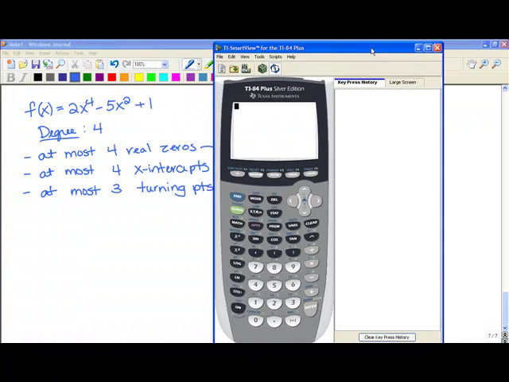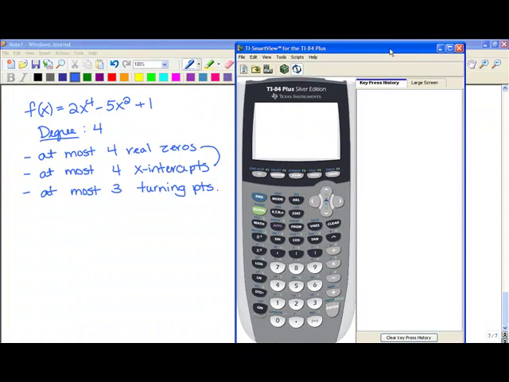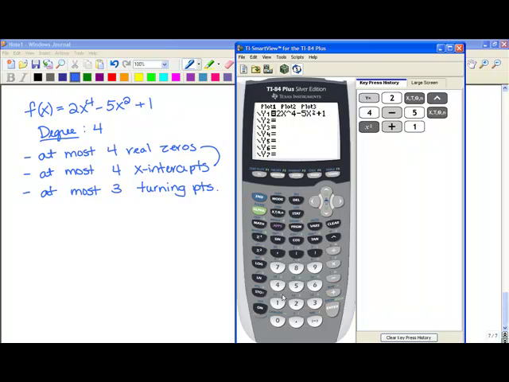Looking at the graph, I'll go ahead and graph this function. Y equals 2x to the 4th minus 5x squared plus 1. Zoom 6. Alright, so looking at the graph, it goes down, it increases, it decreases, and again it increases.